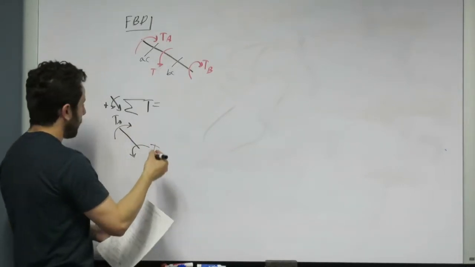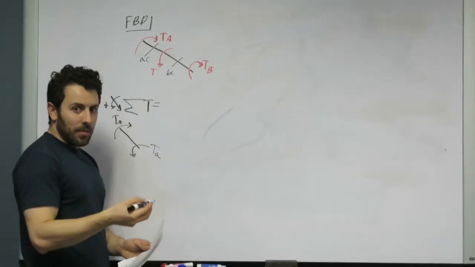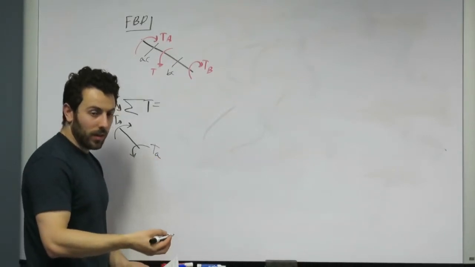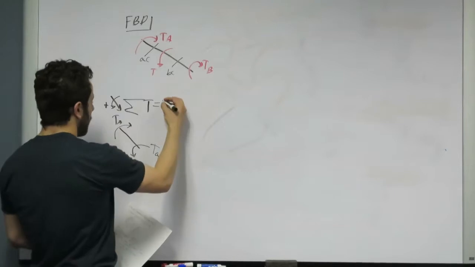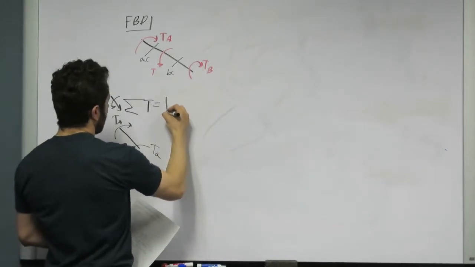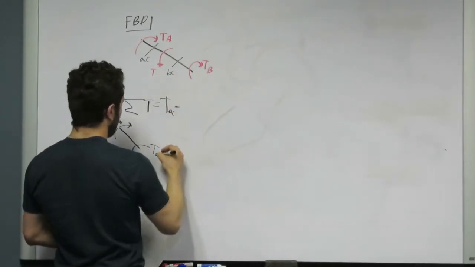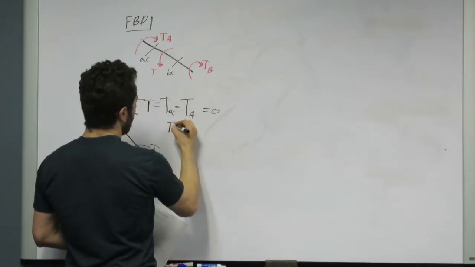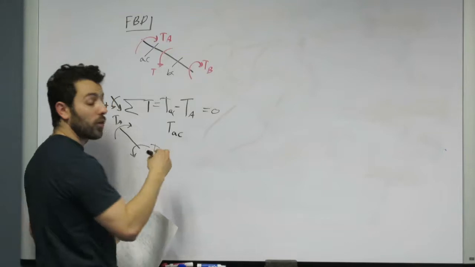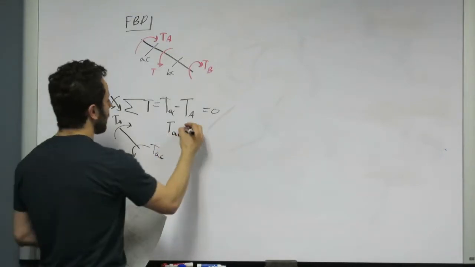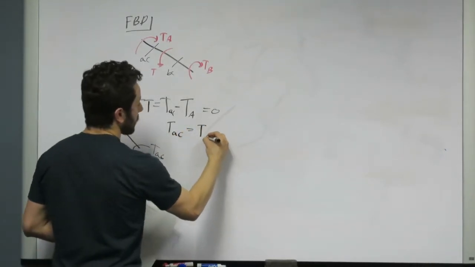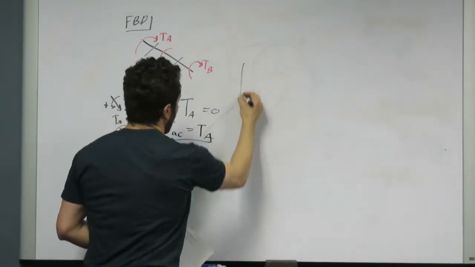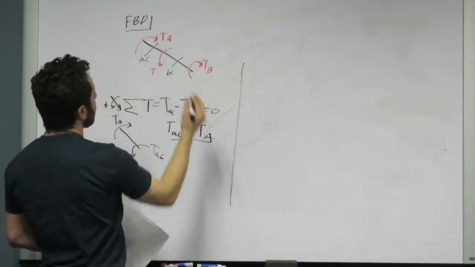So again, like I said, positive reactions are a result of a negative torque. So what we do is TAC minus TA equals 0, we know that the internal torque in section AC is equal to the reaction at TA. Simple enough.